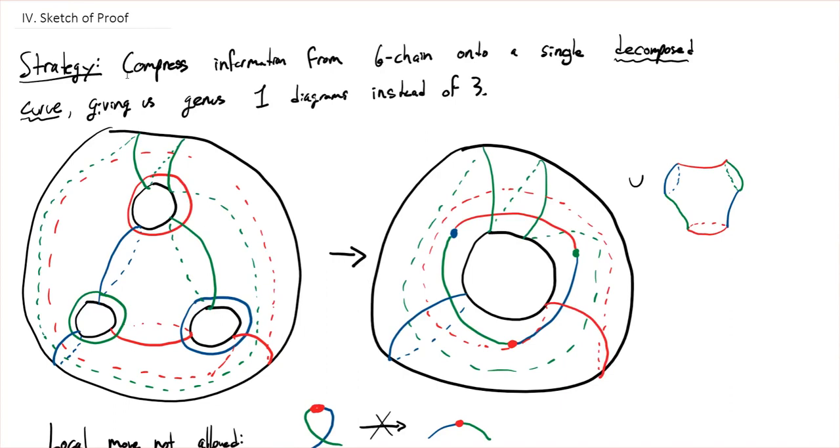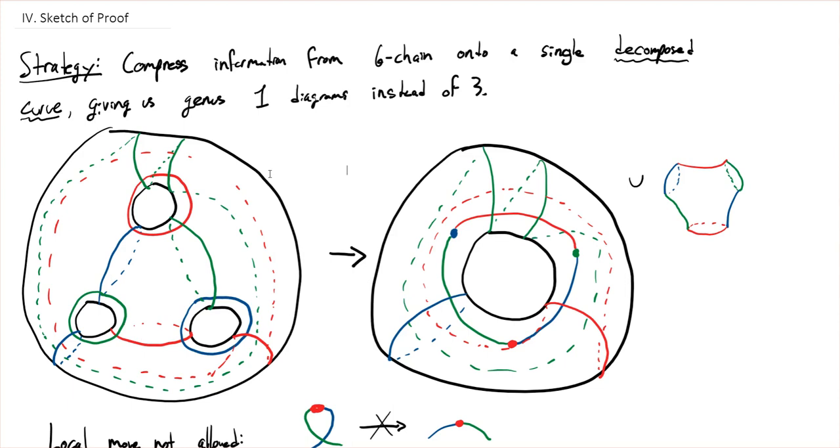So the main realization that Román and I had is that this 6-chain in the center of these Farey trisection diagrams is a lot of redundant information. It's taking up a lot of space, and it's not actually contributing very much information to the diagram itself.